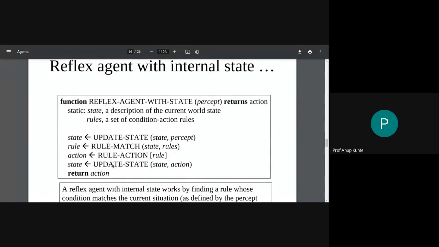So what we are trying to do now is look at what was the previous state, current percept plus previous state. We are trying to predict the new state of the environment. So we are keeping track of how the environment state is evolves over a period of time from previous instance to current instance.